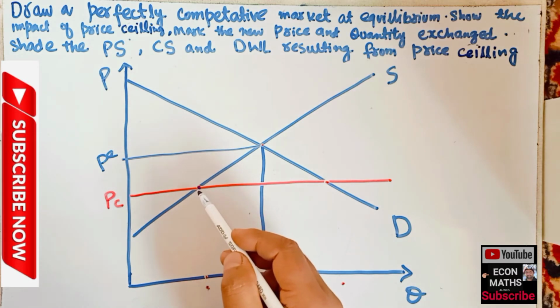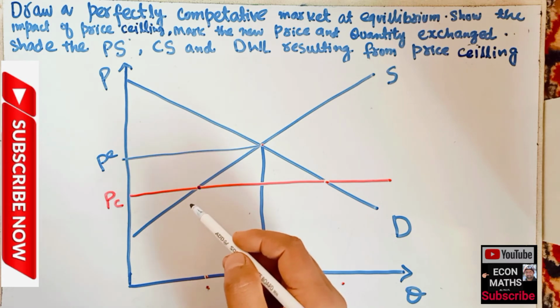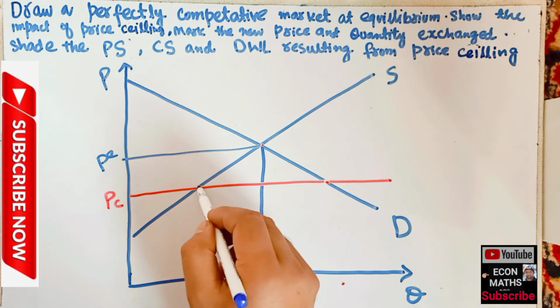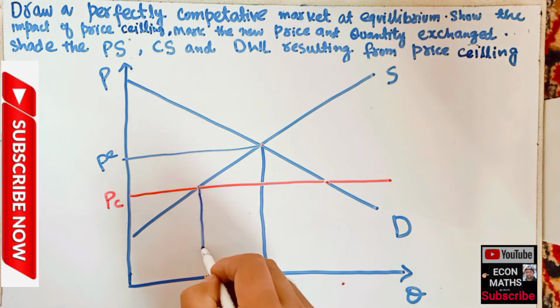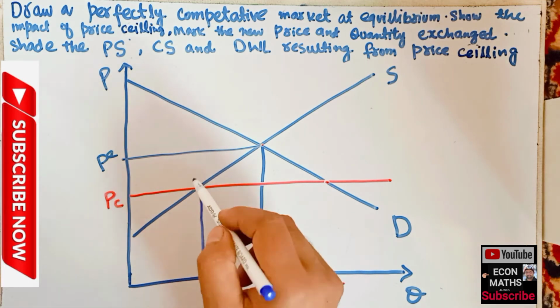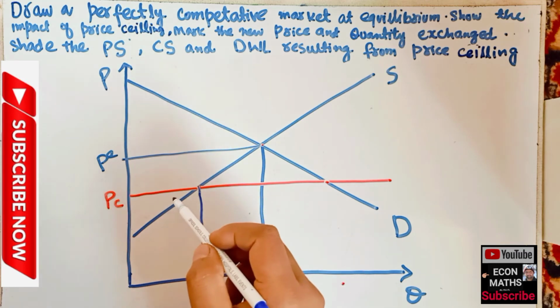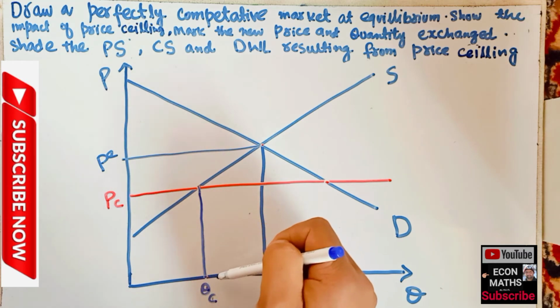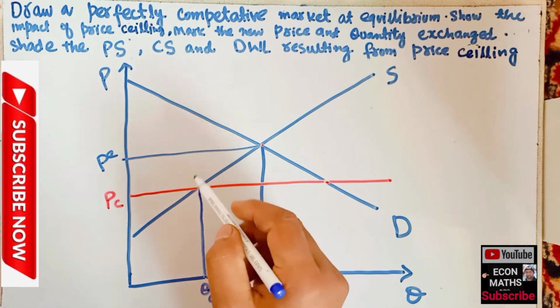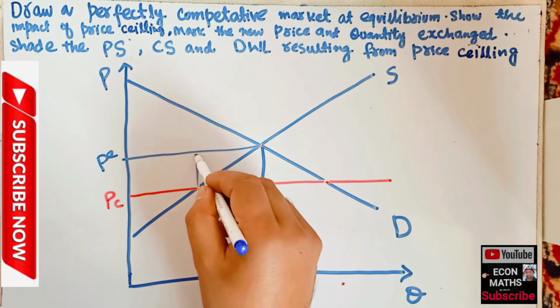So we will draw this line down to the quantity axis; I will say this is the quantity sold under the effective price ceiling. Since this is all that is sold, I will go up to this point.